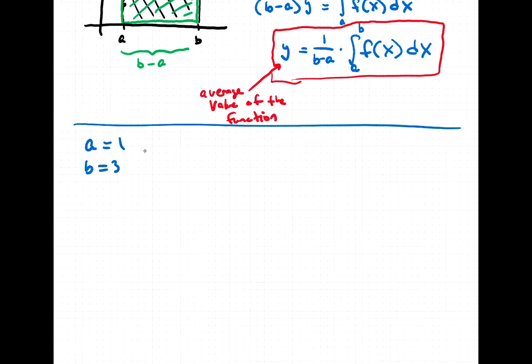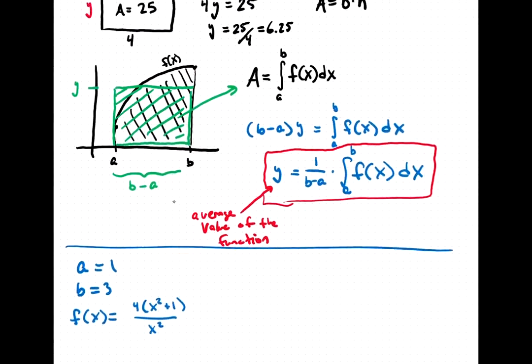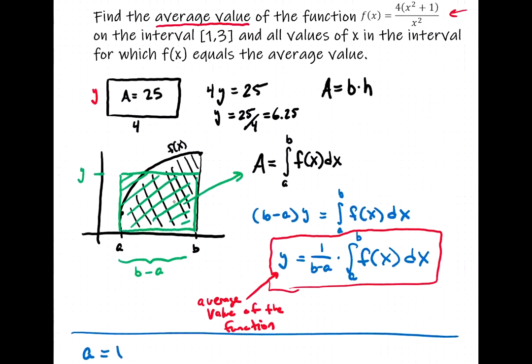So the base of the rectangle, b minus a, would be 2, and our function f of x is equal to 4 times x squared plus 1 over x squared. So what we're basically doing in this problem is to find the average value of the function, that's the y value, and also find all x values in the interval for which f of x equals the average value.